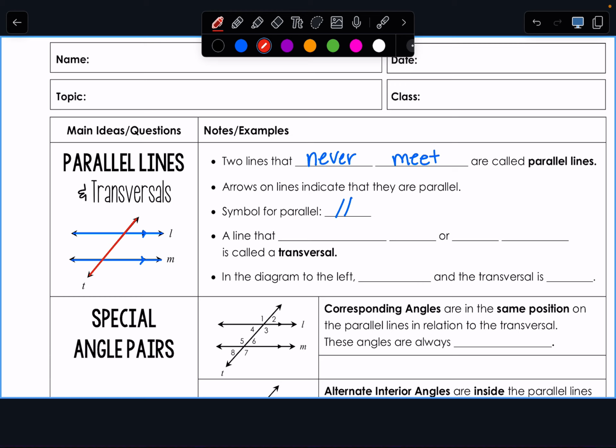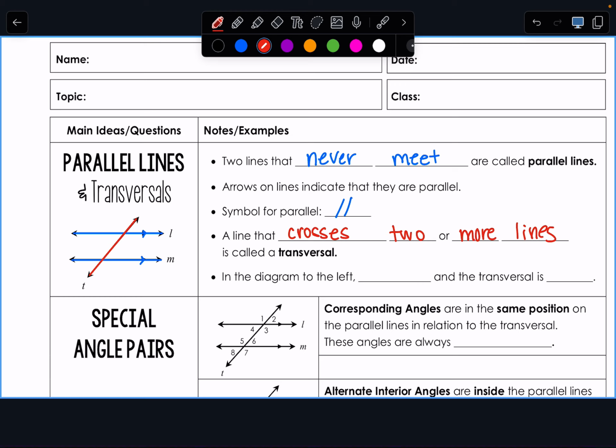Now, what I would like you to do now, a line that crosses two or more lines is what we call a transversal. So what I overlapped in red, that's what we call a transversal. You are not going to have to remember that it's called a transversal.